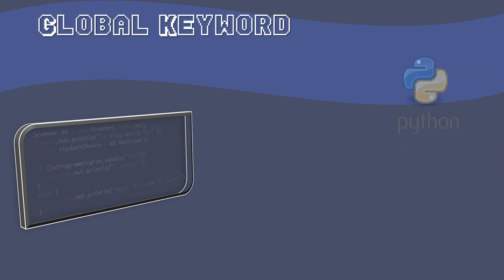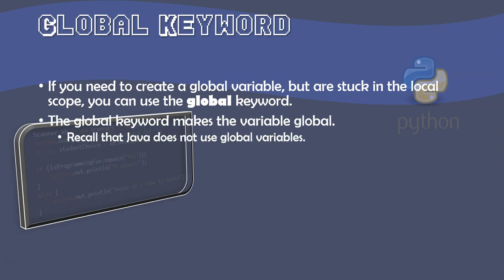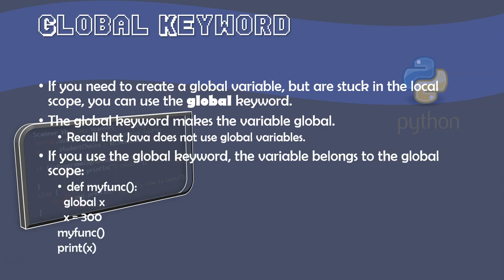Now this global that we keep talking about is actually a keyword that we can use in our code. If you need to create a global variable, but let's say you're stuck inside a local scope, so if you're inside of a function, we can redefine that using the global keyword. The global keyword makes a variable global. Now recall, as we have talked about many times in the past, Java is one of those languages that does not use global variables.